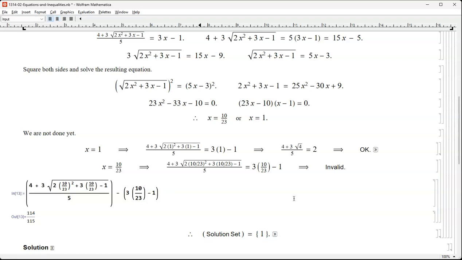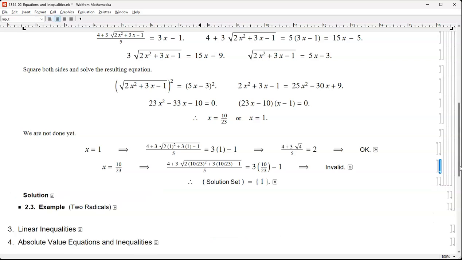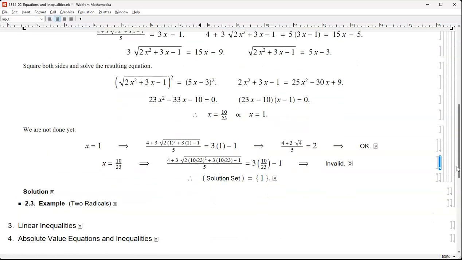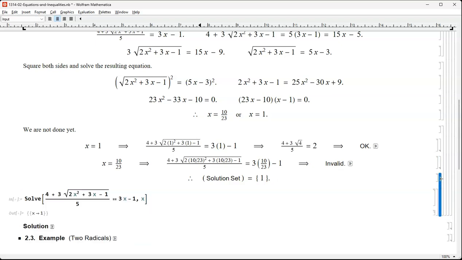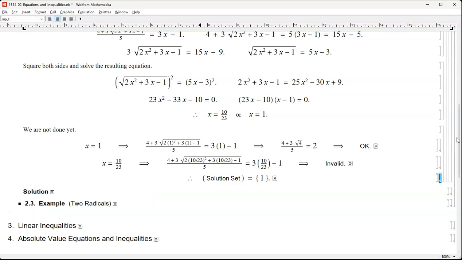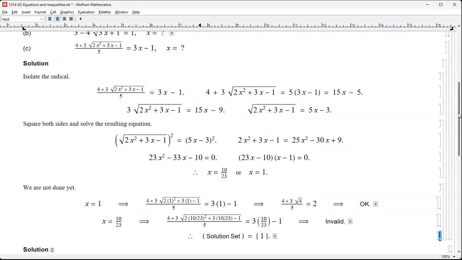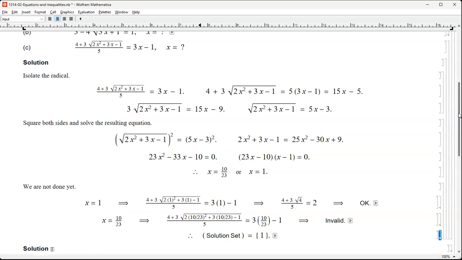That's not 0, something else. So that's invalid. And if you use Mathematica to check, then it finds only one solution, x equals 1. And those are computer solutions, and it fits all this computation.